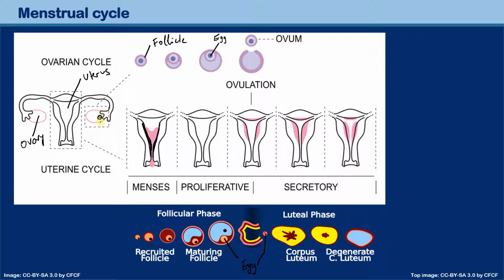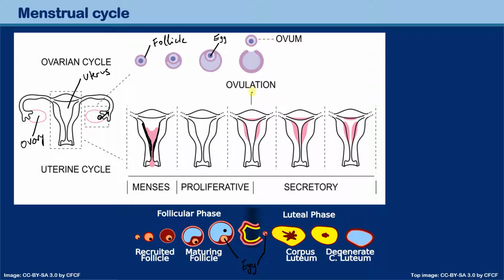Inside the follicle you have the egg, and the follicle pops open and the egg is released and passed on down the fallopian tubes to the uterus. So this here, that's basically happening over here. So approximately 14 days after the start of menstruation, you have ovulation happening.